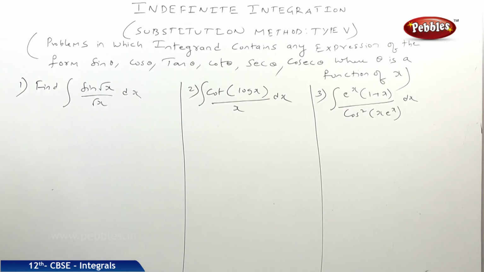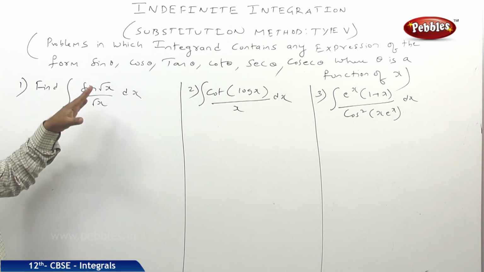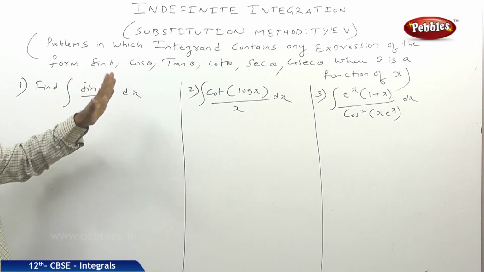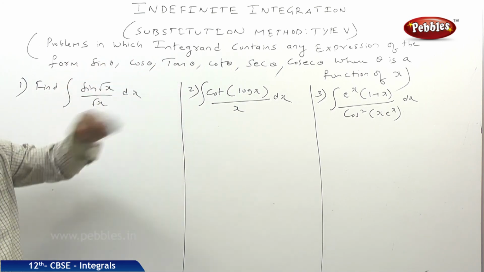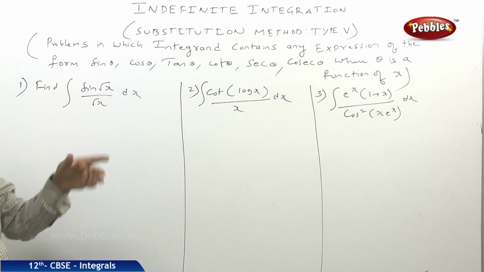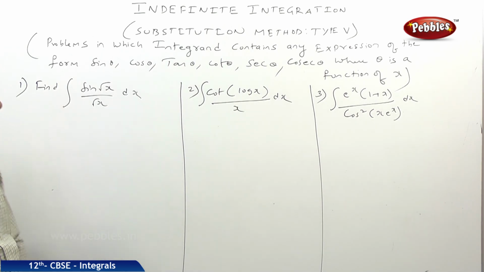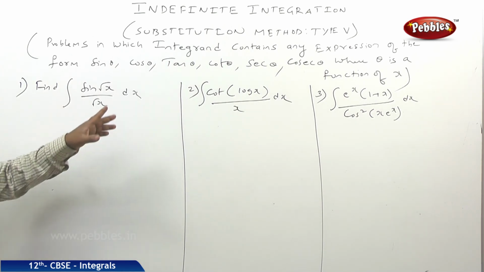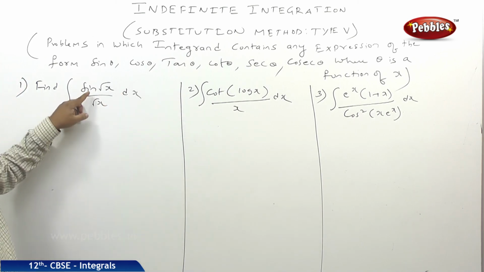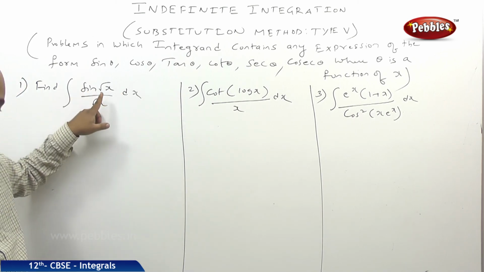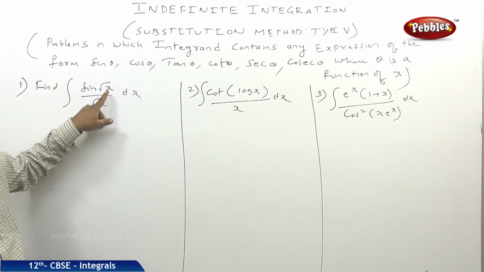Thank you. Now friends, we are going for another type of problems in the substitution method. While doing an integral, we might find expressions where sin theta, cos theta, tan theta, all trigonometric functions are involved, but theta is a function of x. For example, we will see these three problems where a trigonometric function is involved, but here instead of theta, root x is there.